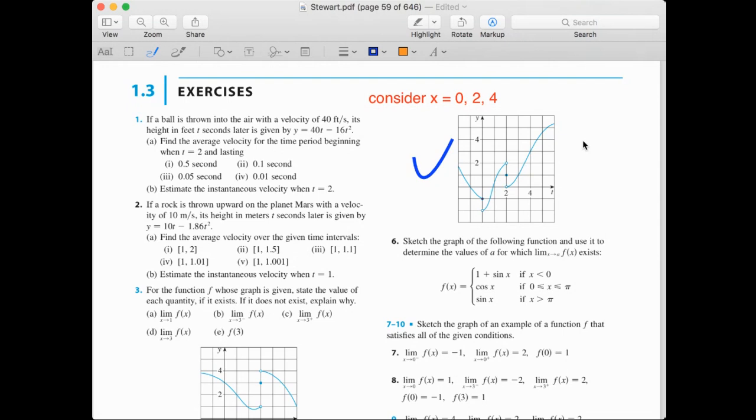Try this on your own. Okay, write down on a piece of paper. I'll give you like 3 minutes to figure out the left limit at 0, right limit at 0, function value at 0, left limit at 2, right limit at 2, function value at 2, left limit at 4, right limit at 4, function value at 4, then make a conclusion about these 3 points, all right?